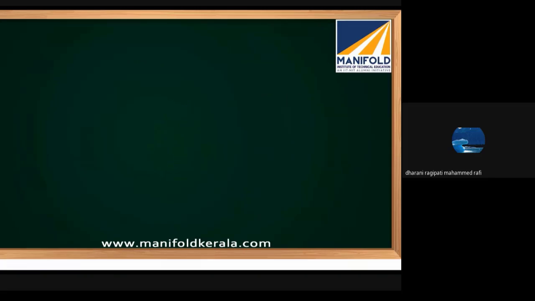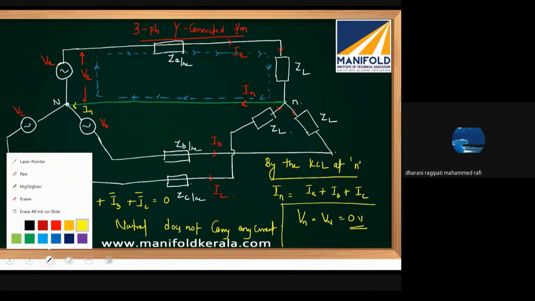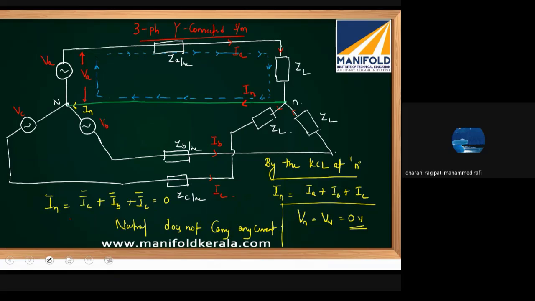So when such a situation arises, if you connect some impedance between the neutral point and ground, let us call it Zn or Zg, neutral grounding impedance. Zg is a neutral grounding impedance. This impedance may be connected at every neutral, or at some neutrals you may leave it out.